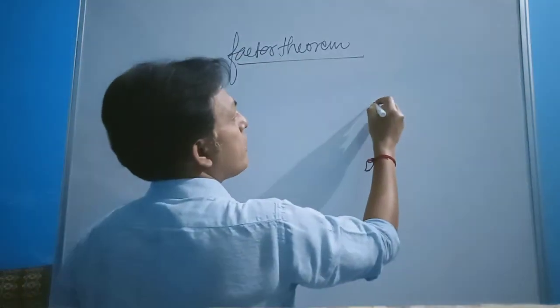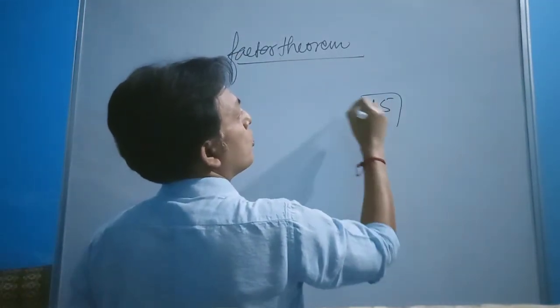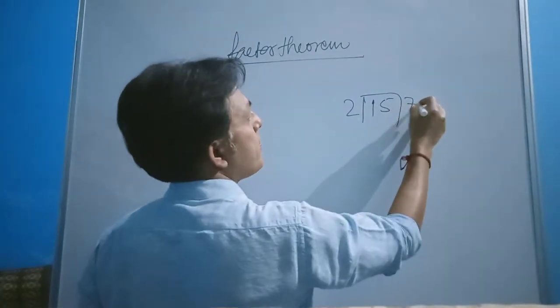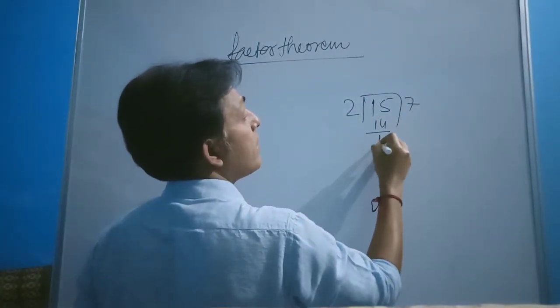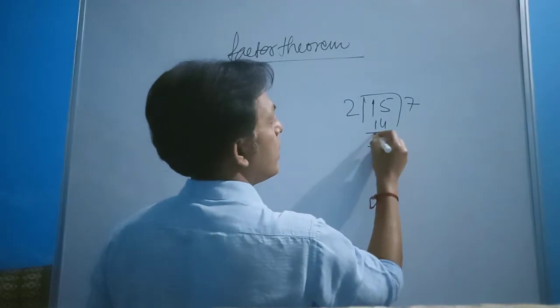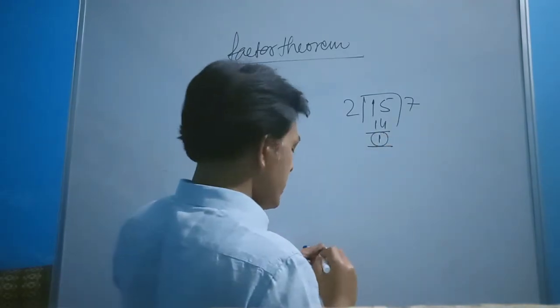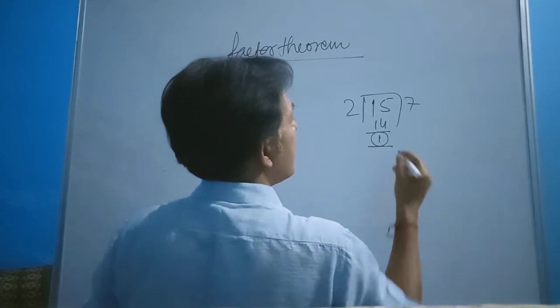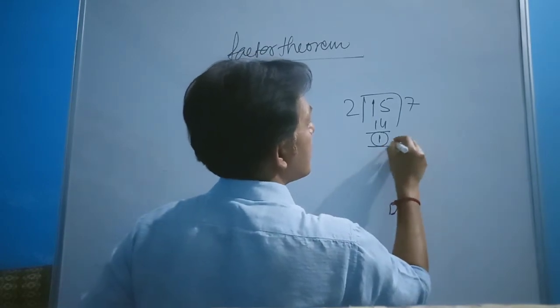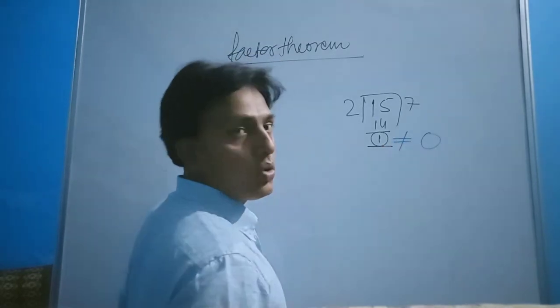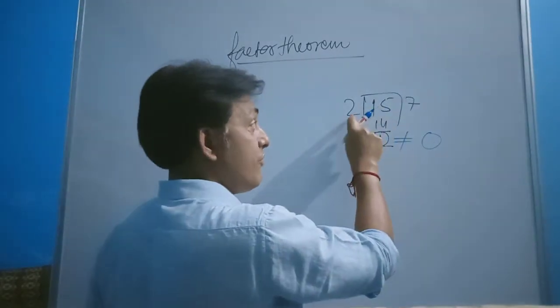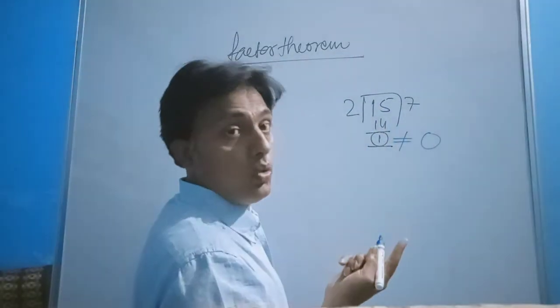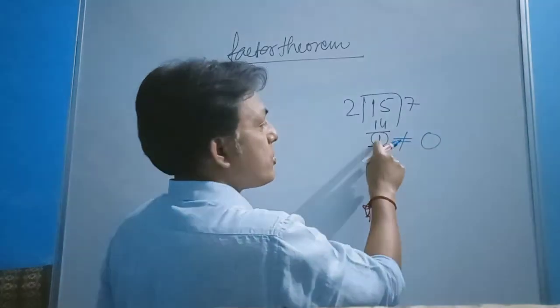Now, come to the factor theorem. Factor theorem, so very simple. Suppose we are dividing 15 by 2, 7 times. What is the remainder? 1. The remainder is 1, which means not 0. So do you think 15 is divisible by 2? No, because the remainder is not 0.